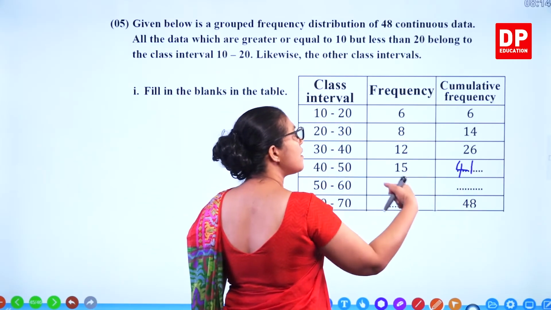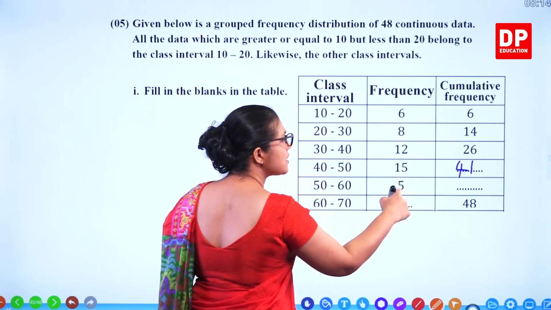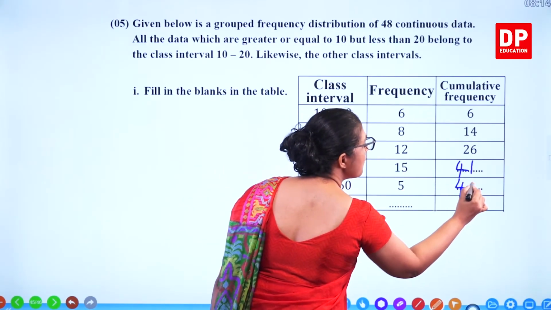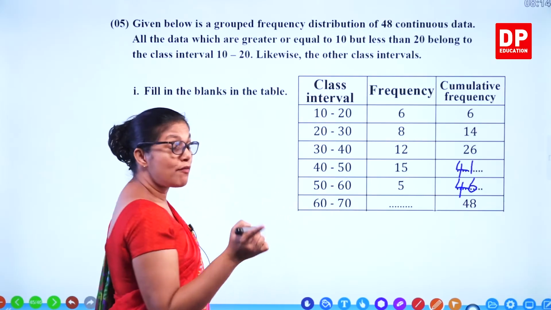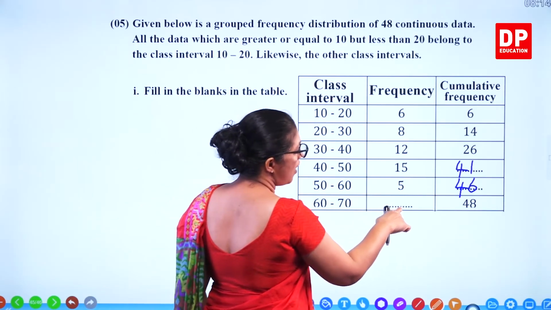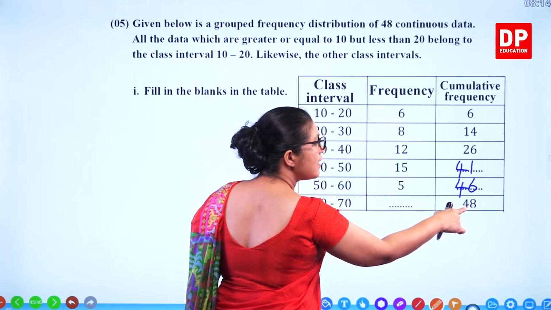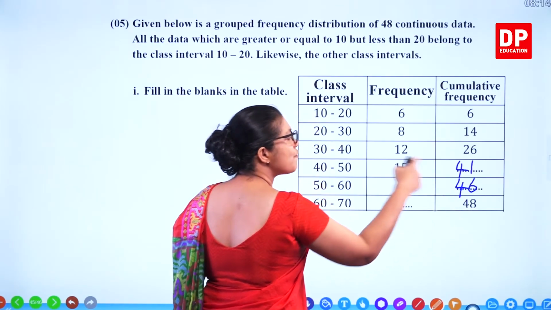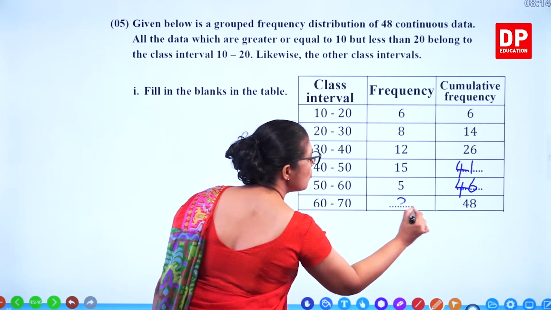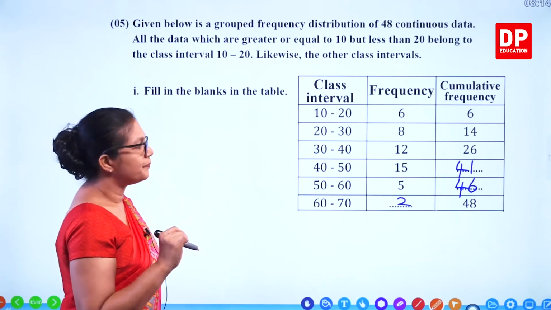Then how do you get the other cumulative frequency? 41 plus 5, 46. Now you have to fill this one. 48 is the final value. How will you get 48 from 46? You have to add 2.